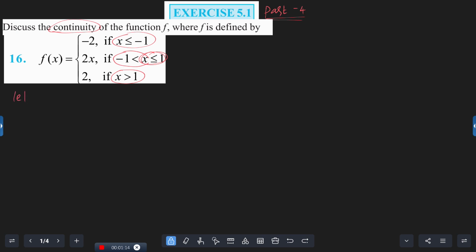Before that, let x equal to c be any real number we are taking here. Then c less than -1 and c greater than -1 are continuous.